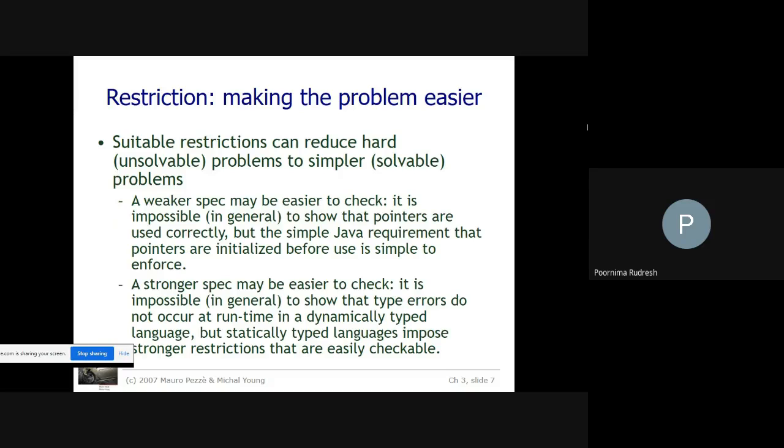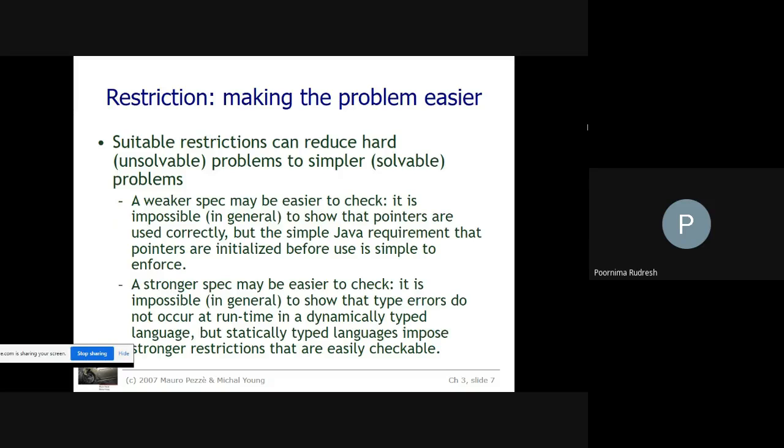And second one is here we have the weaker specification and the stronger specification. In the first case, it is impossible to show that the pointers are used correctly. And in the second case, that is the stronger specification, it is impossible to show that type errors do not occur at runtime in a dynamically typed language, but statically typed languages impose the stronger restrictions that are easily checkable.